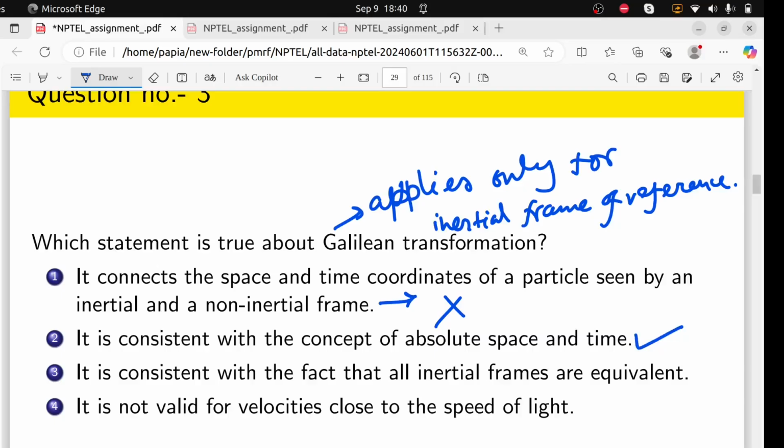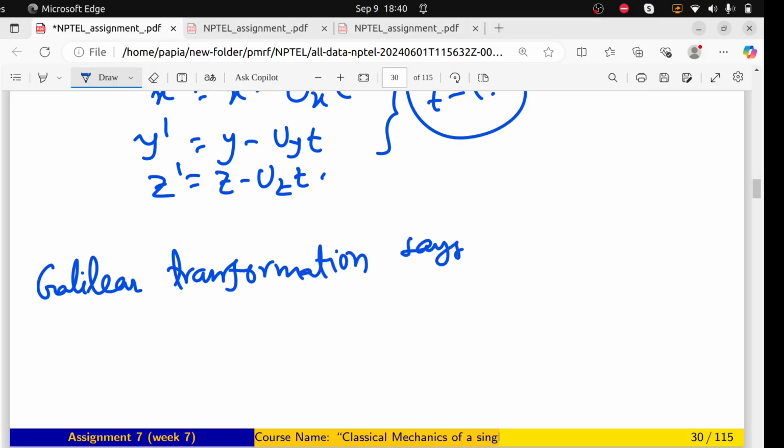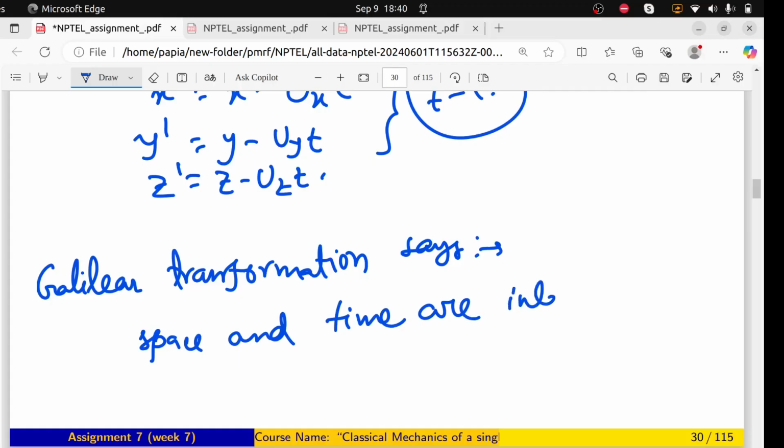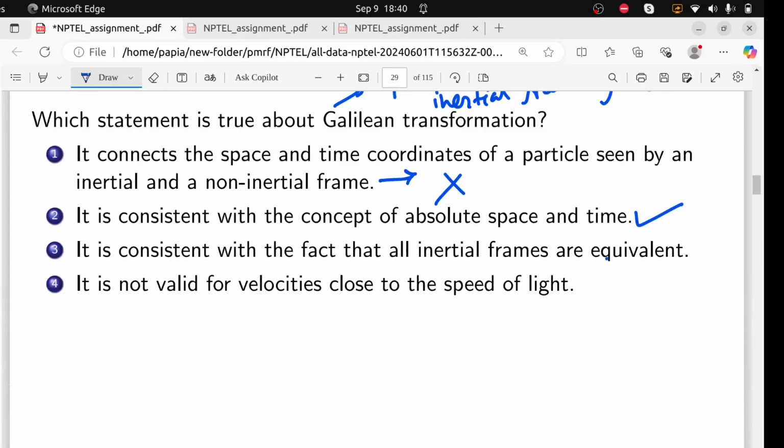Yes, that is correct, because one of the main points in Galilean transformation is that, so that's why this one is correct.